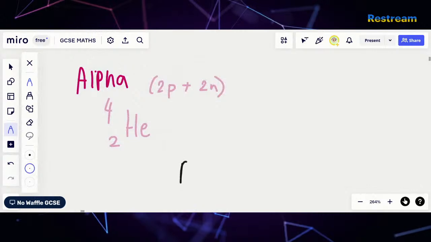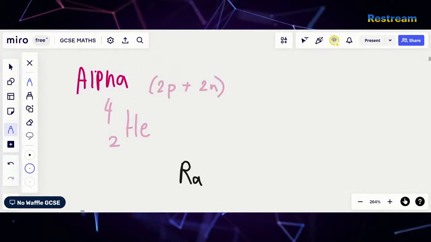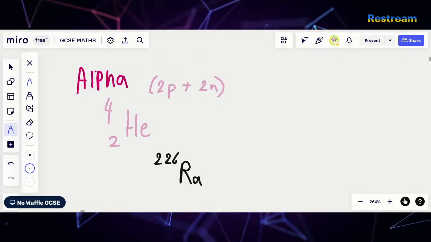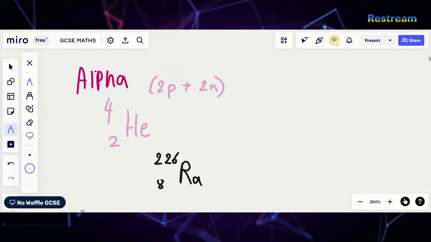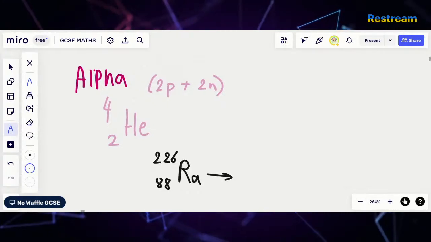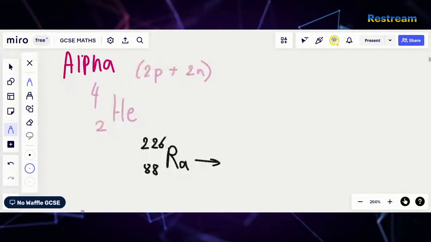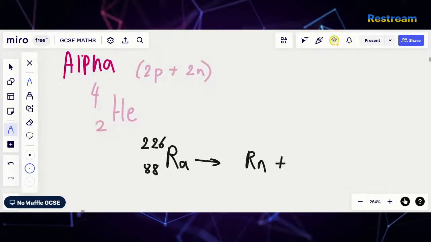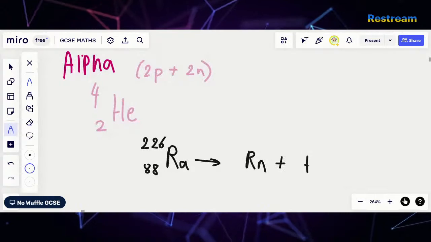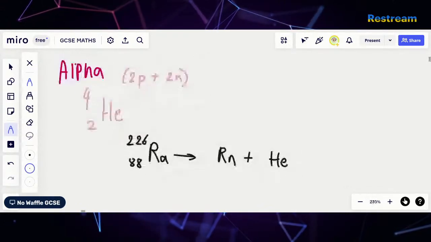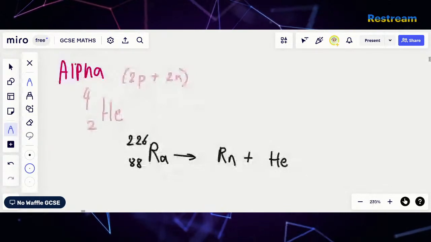So you'll be given questions like this. You'll be given this information and you will be allowed a periodic table, and it will say, what does it produce? What are the numbers? And you have to describe the numbers. So they'll say, alpha radiation happens to radium here. What does it produce?